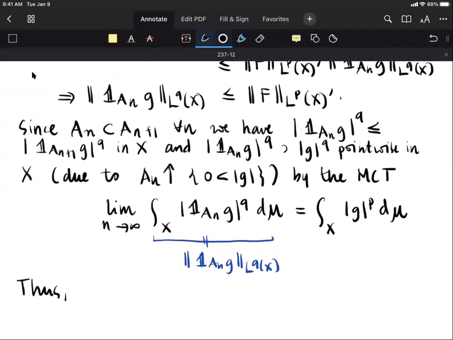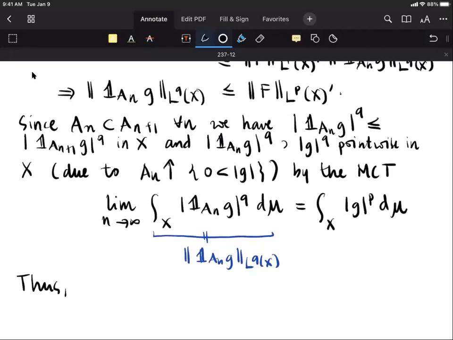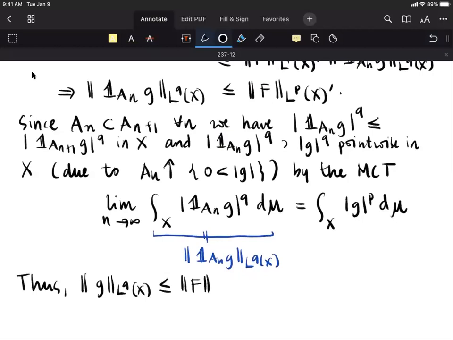Thus, after raising to the power 1 over q and taking the limit here, you get the finiteness of this. But we know that this is finite since f is in the dual of LP.